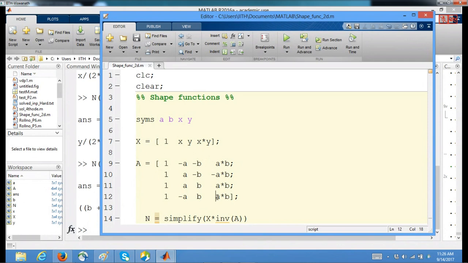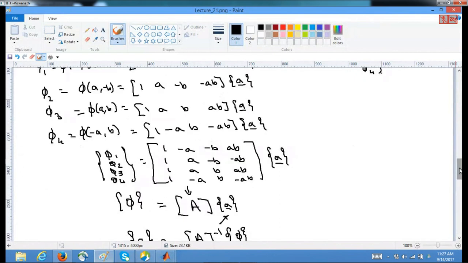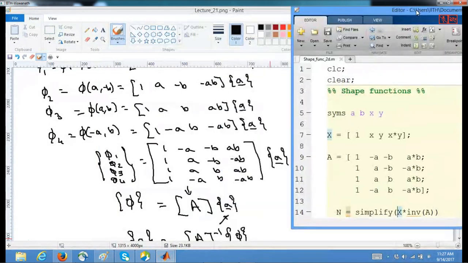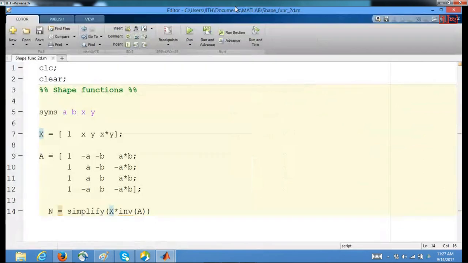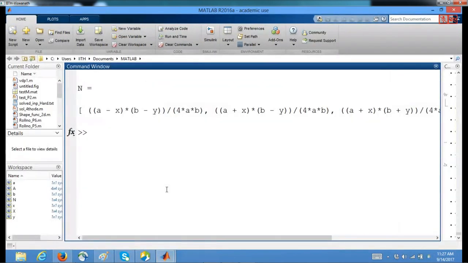So this would be minus AB. So let us rerun it. Let us just check once before I move on. It's 1 minus A minus B AB, 1 A minus B minus AB, 1 A B AB, 1 minus A B minus A minus B. So now let me run once more. Now it has come correctly.